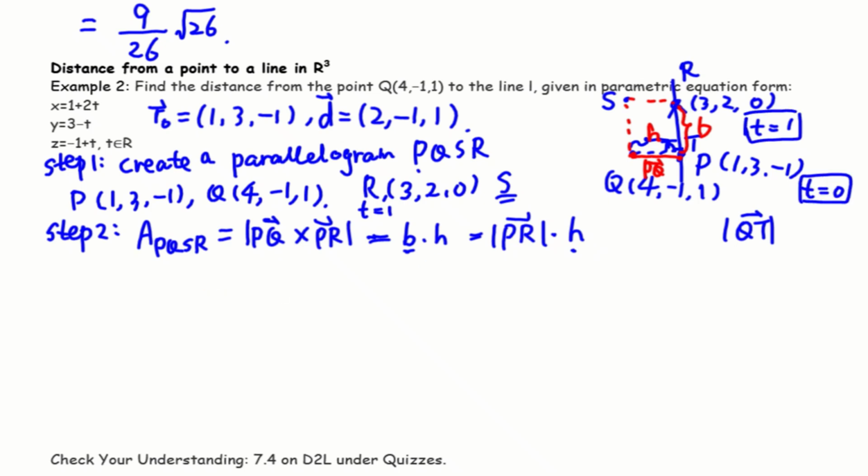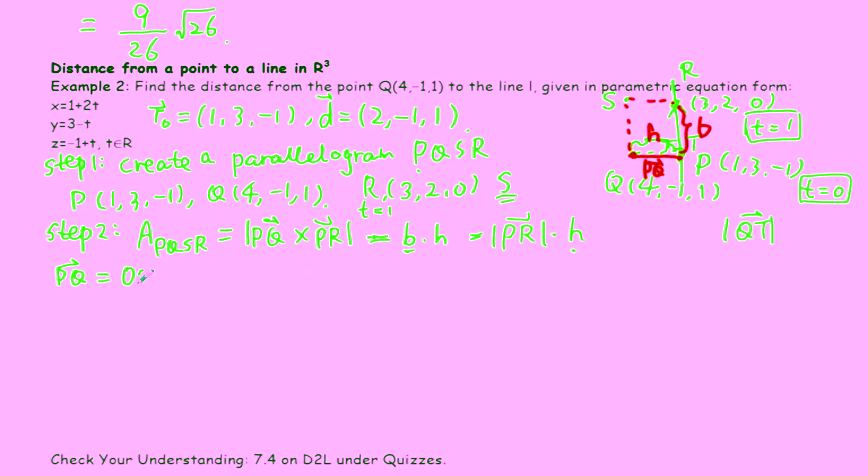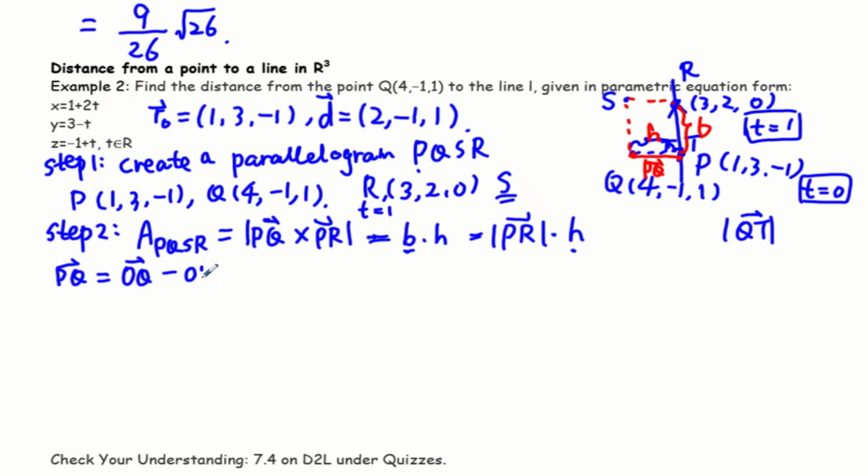And now we are going to find PQ and PR. So PQ is not point P, not point Q, but OQ take away OP. So it's point Q, 4, -1, 1, take away 1, 3, -1. So that gives us 3, -4, and 2. So 4 minus 1 is 3, -1 minus 3 is -4, 1 minus -1 is +1, so it's 2.